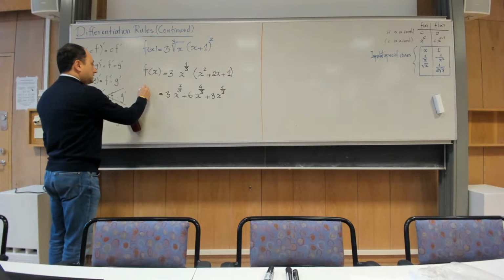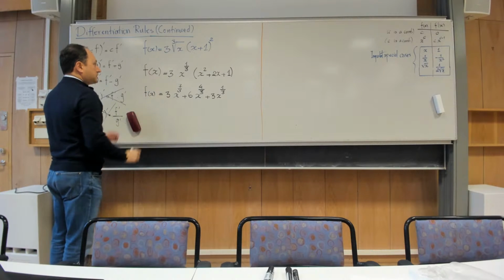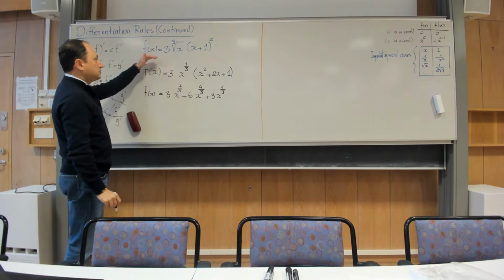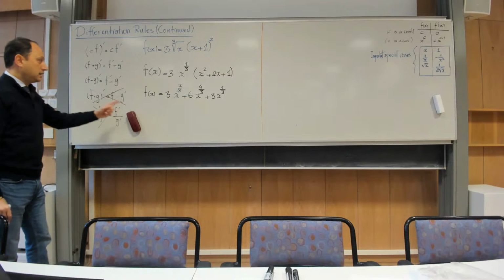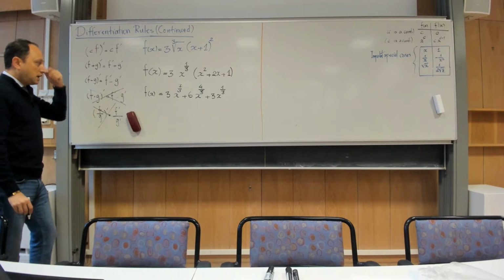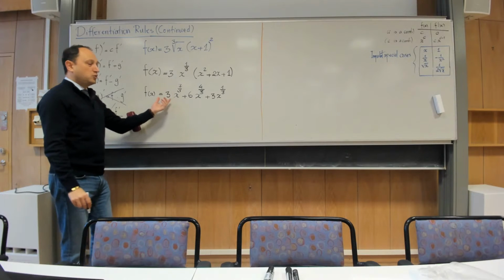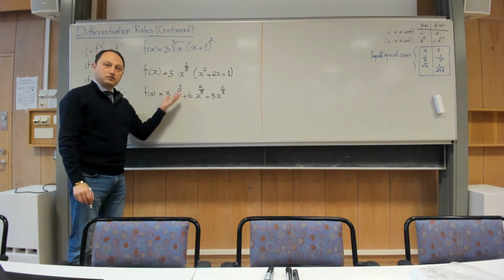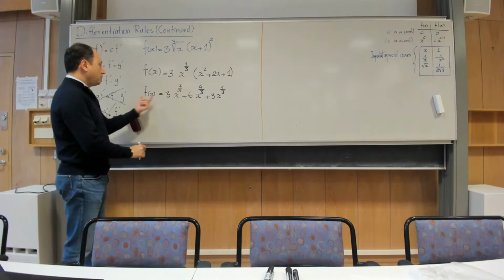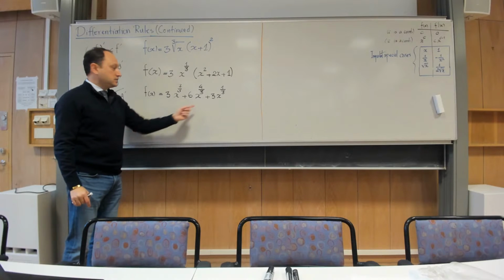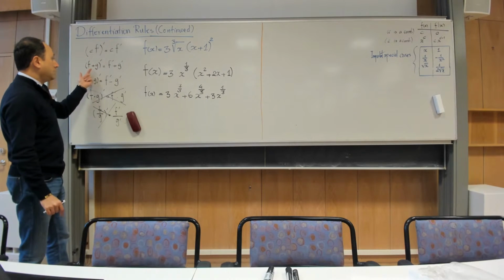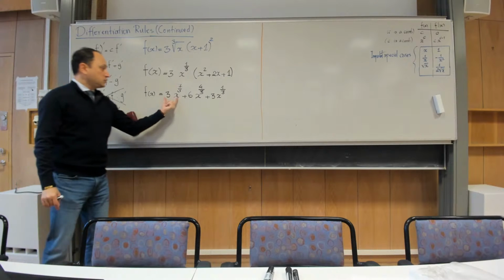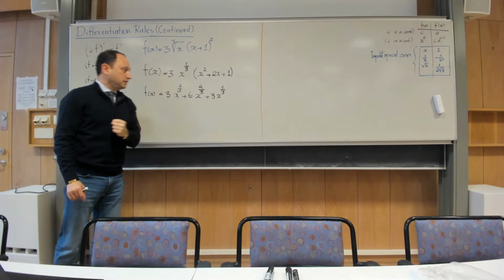So the first 2 steps were about reducing my function into a familiar form. Now I can use these rules. I want you to understand them, but I don't want you to spend time writing them. If I want to start differentiating this, I have the sum of 3 functions, so I need to apply the sum rule to each one.